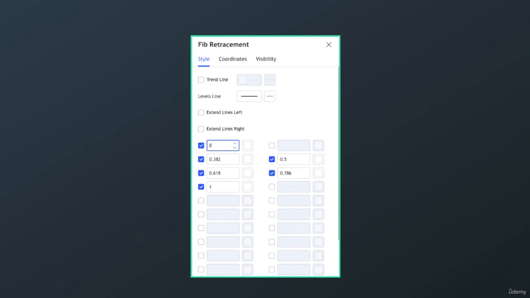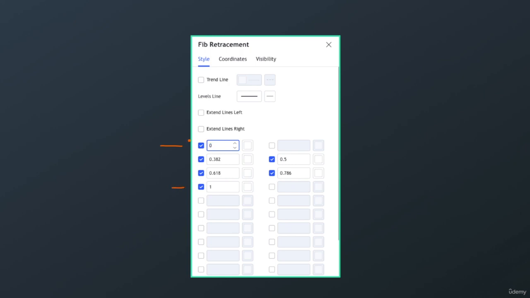So how to input Fibonacci retracement ratios? I think most charting or trading platforms provide a Fibonacci retracement tool. So when you see your Fibonacci retracement tool, you can customize the ratios, right? So we have 0 and 1.